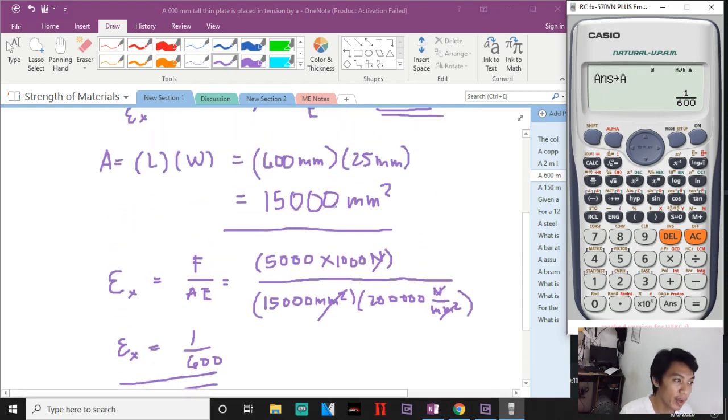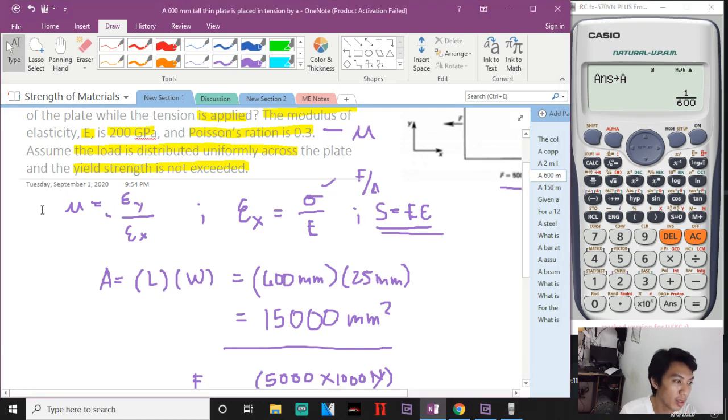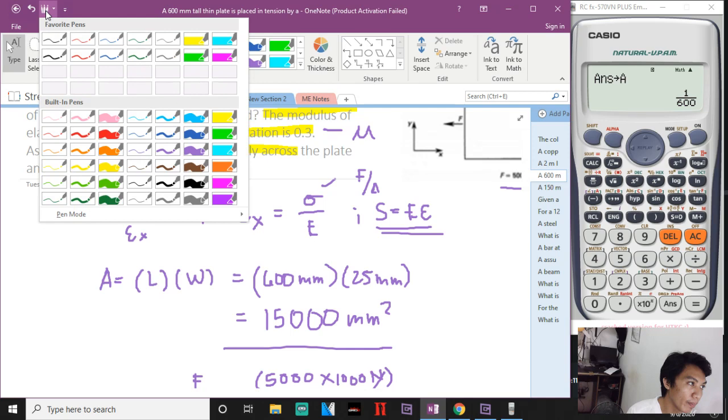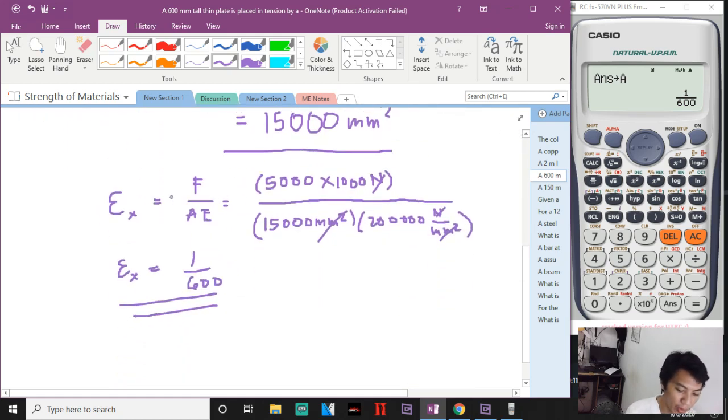And we will solve now for the value of Y. Kasi given naman yung Poisson ratio. Ito wala to. Wait, tanggalin. So, tanggalin natin ito. Okay? So, solve na natin si Y. Si lateral. Nahanap natin si lateral. The lateral strain now is equal to yung iyong Poisson ratio times the longitudinal strain.